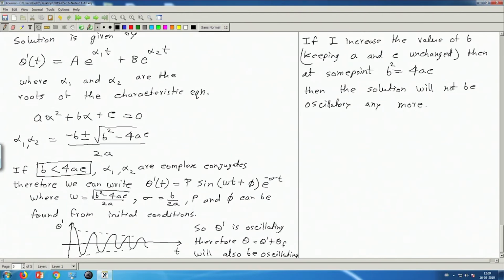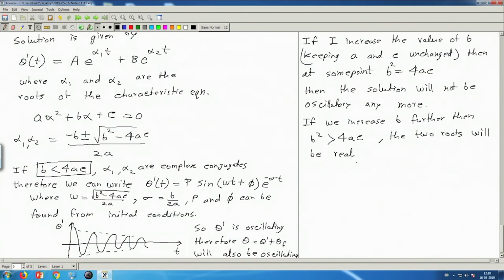So if we increase B further, then B square will become greater than 4AC, and the two roots will be real.